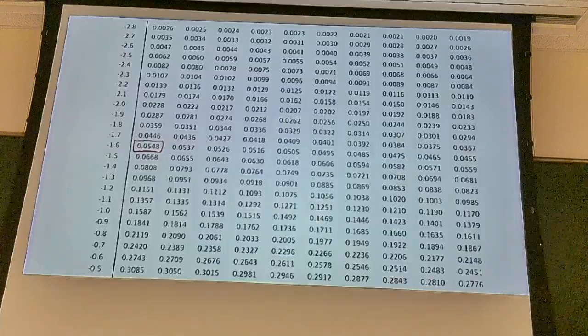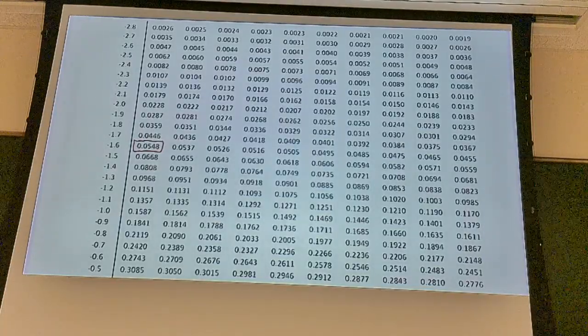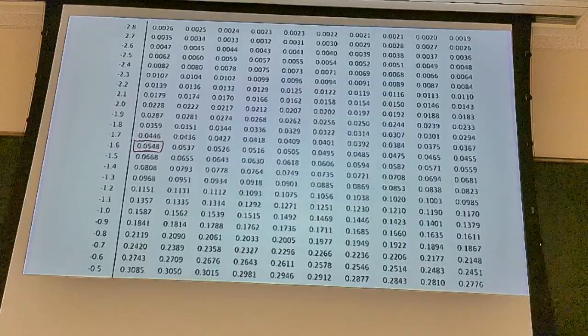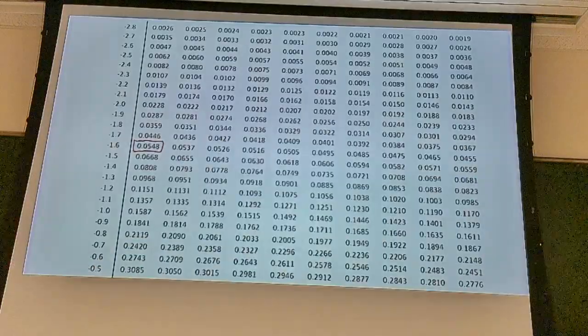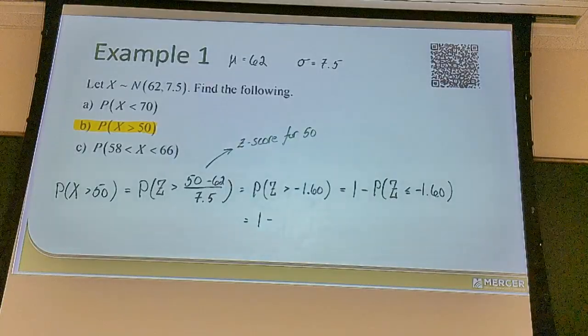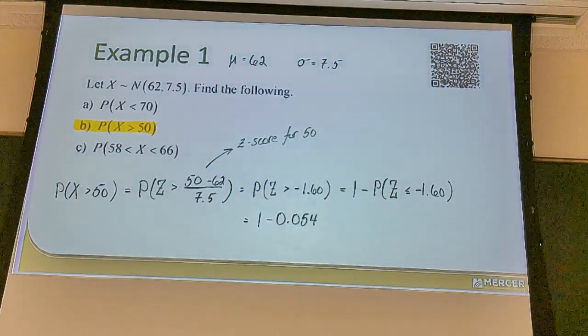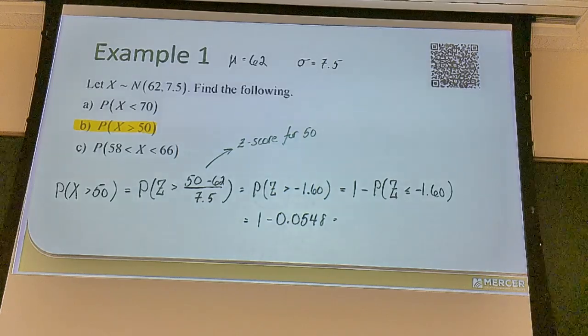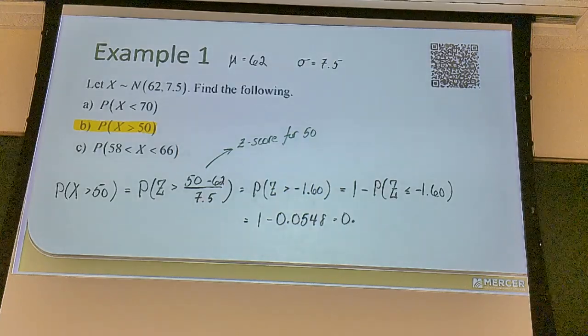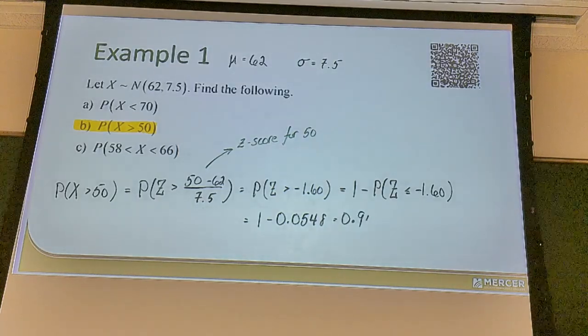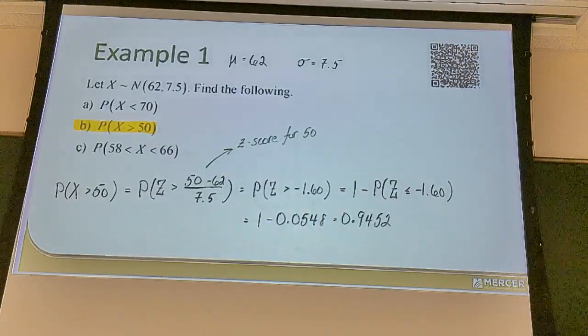That area right there is 0.0548. And so one minus that is 0.9452.